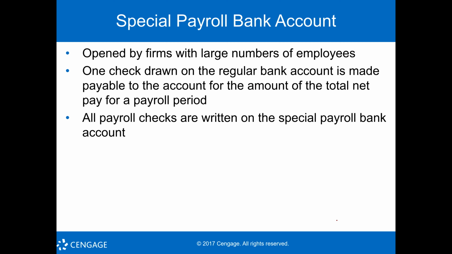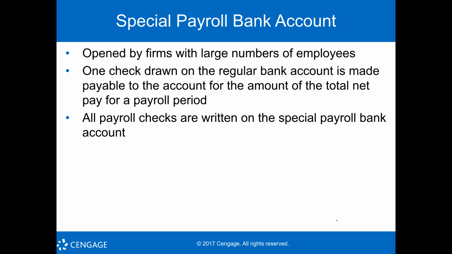So as employees cash their checks, the checks are cashed from the payroll account. The reason companies do that is because, using the example of $40,000, if they paid $40,000 in payroll, they want to see all of those checks clear and know that all of those employees got paid.